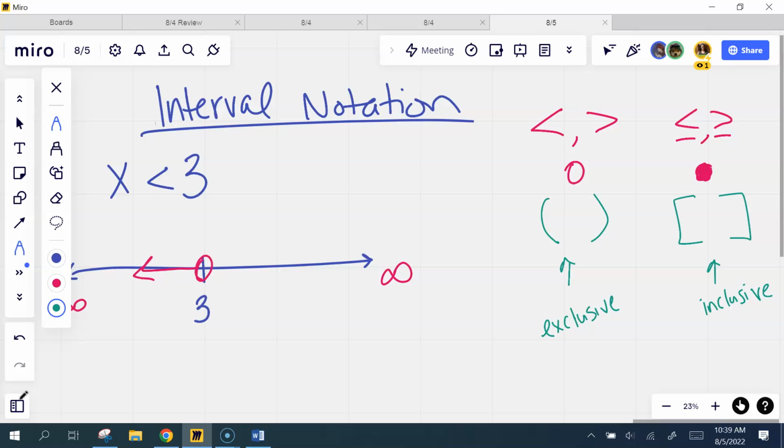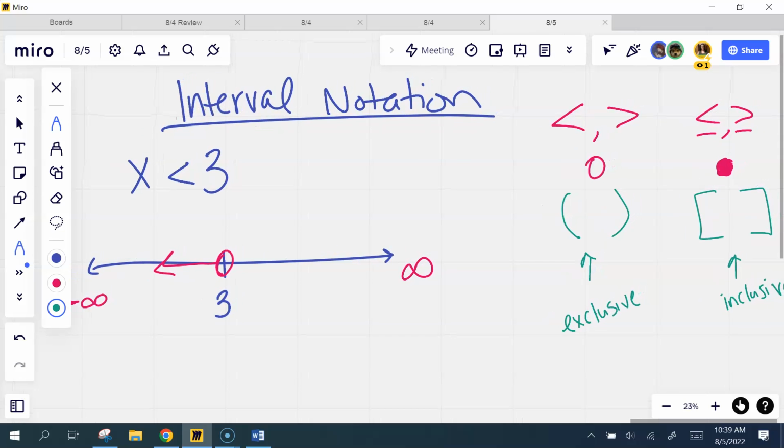Okay, so instead of this open dot, I'm going to do a parenthesis, and I'm going to open the parenthesis in the direction that the numbers go. Okay, so in other words, they go to the left, so I'm going to open it to the left. So now in interval notation, and by the way, anytime I reference infinity, do you think I'll be using exclusive or inclusive?